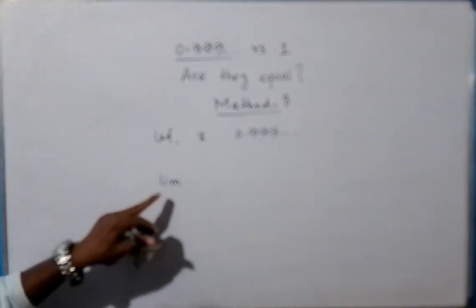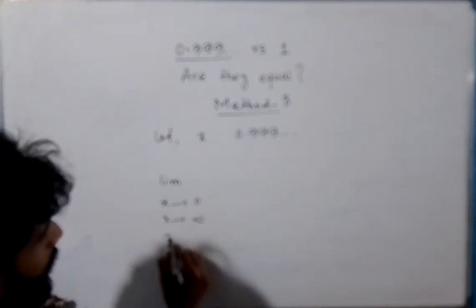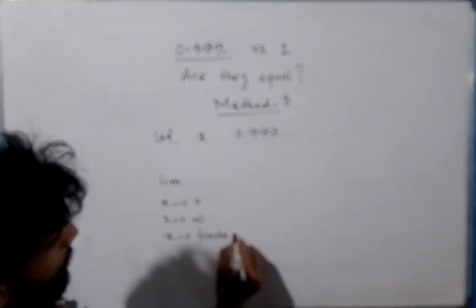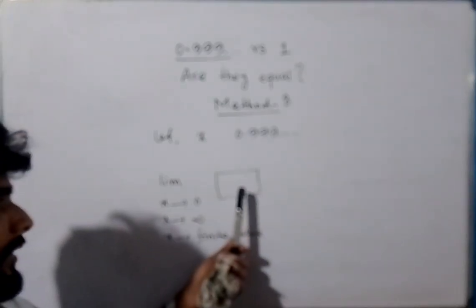We solved many problems using limit. There was x tends to 0, or x tends to infinity, or x tends to some finite value. And in those problems we had some terms in terms of x, right?